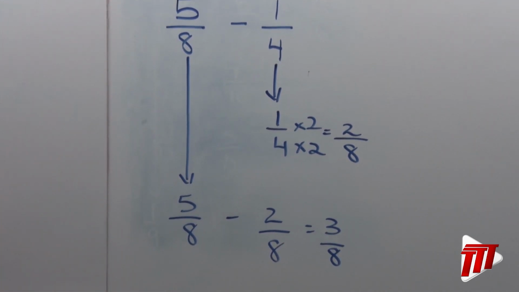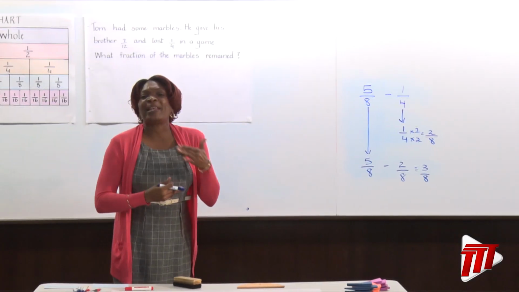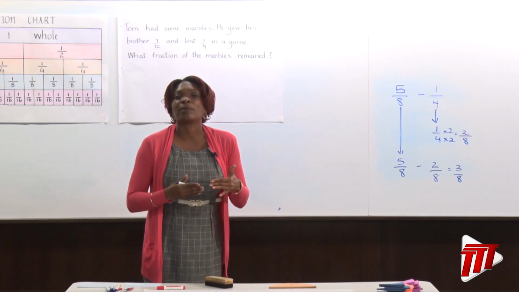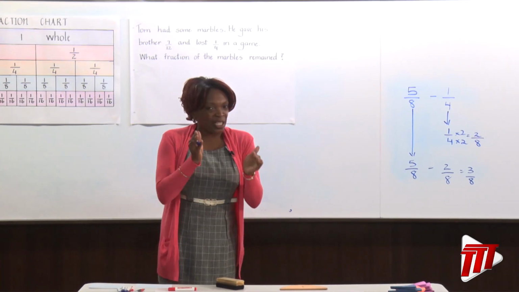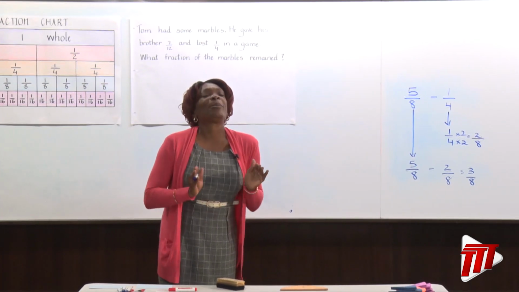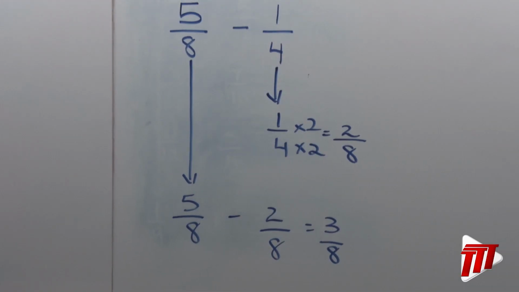There we have it, 3/8, just applying the same principle. What we did with addition, we do with subtraction. It's just a difference of the process, but the denominator remains the same.